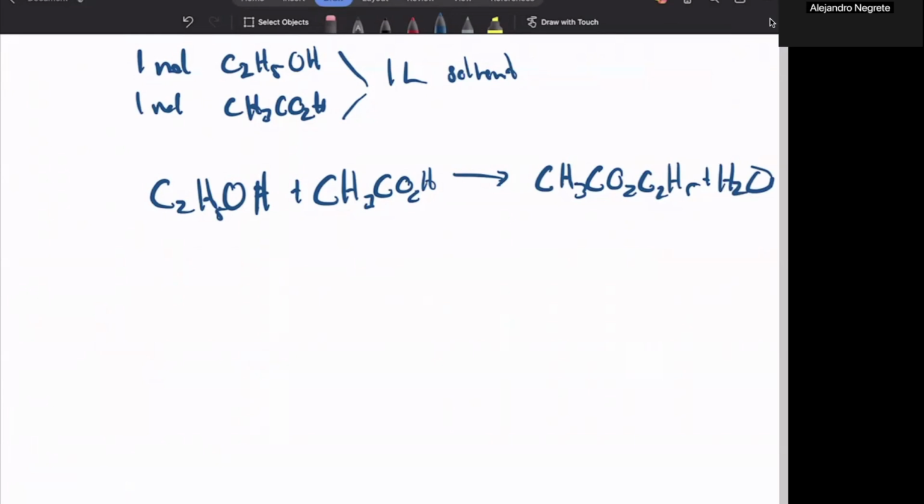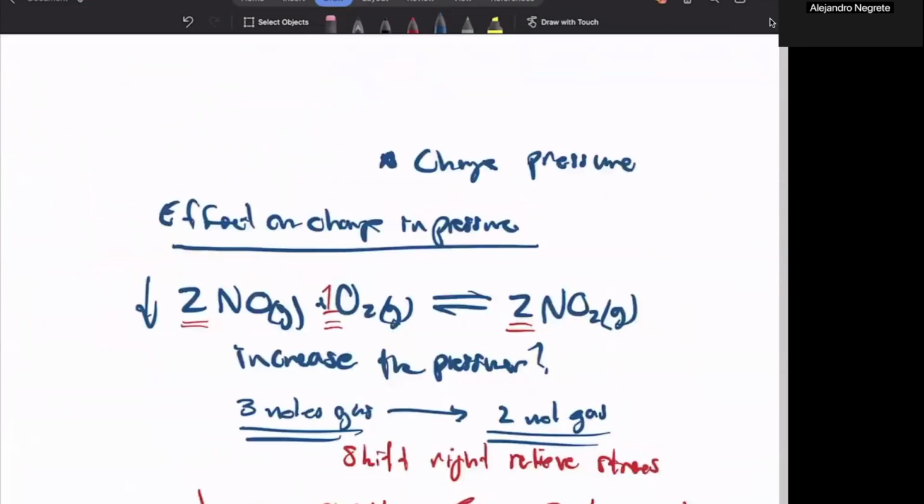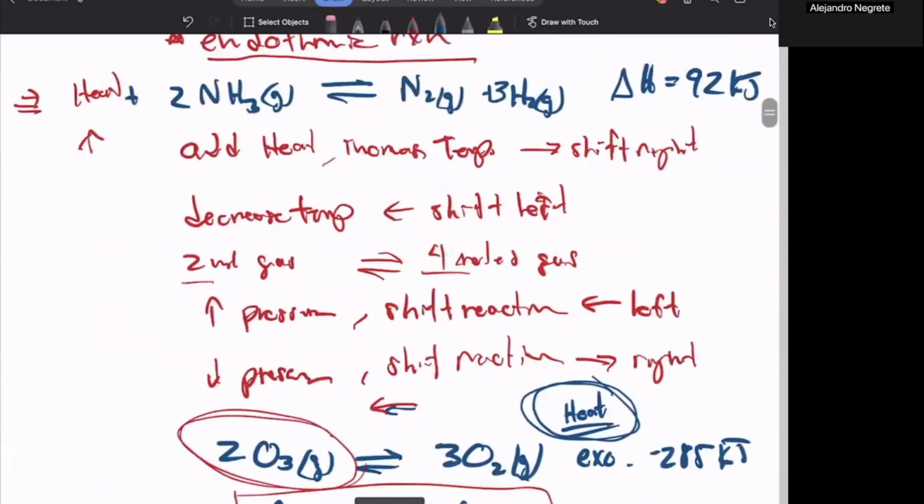And initial concentrations here are in terms of molarity. I have 1 mole per liter, making this 1 molarity. Let's recall that molarity is moles over liters. So all of the concentrations are molarity. 1 mole divided by 1 liter equals 1 molarity. So these are the initial concentrations that we have here.